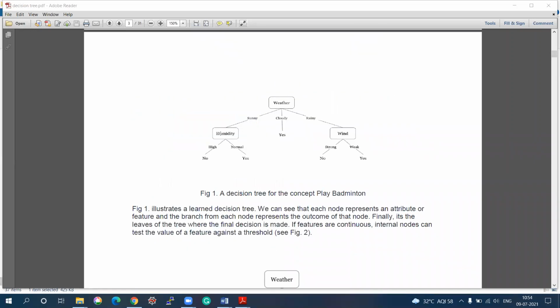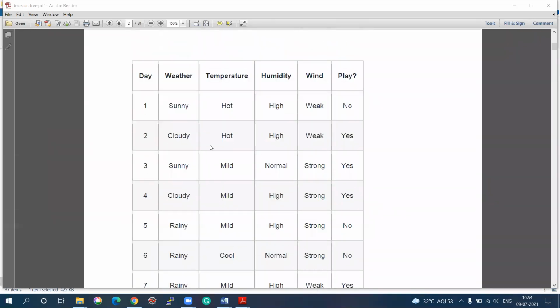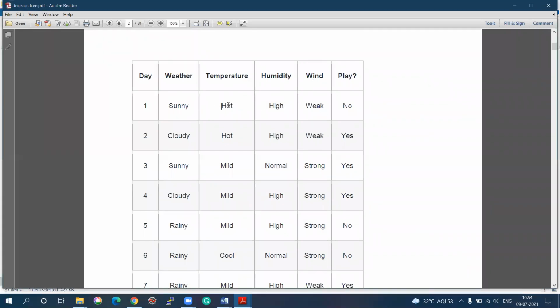Suppose you have the attribute temperature. For the temperature value hot, in some places it is yes and in some places it is no. So when it is hot, we cannot take the right decision about whether the play will occur or not.